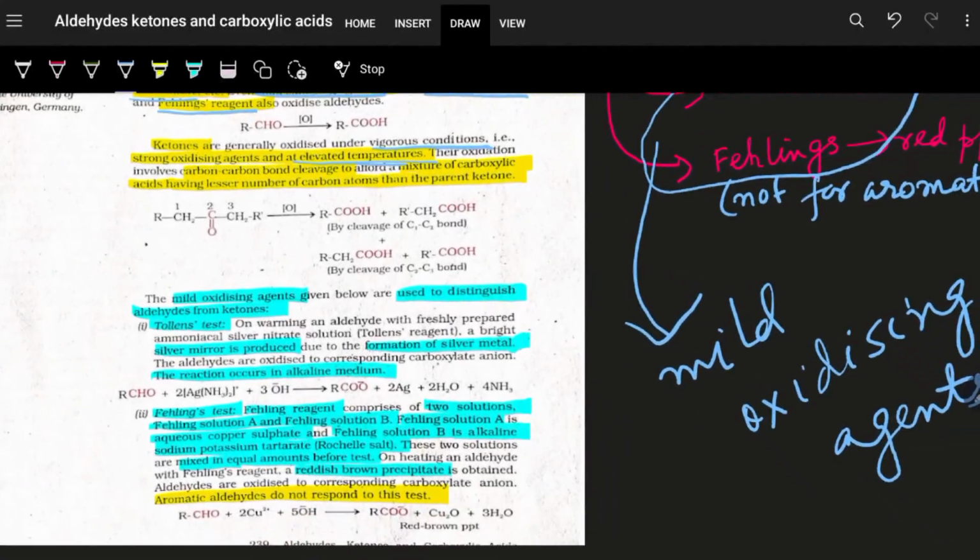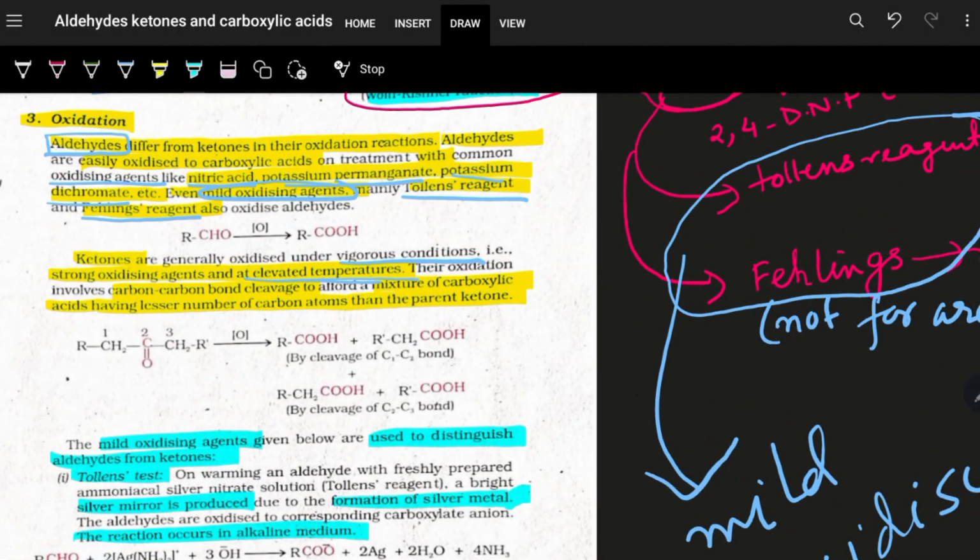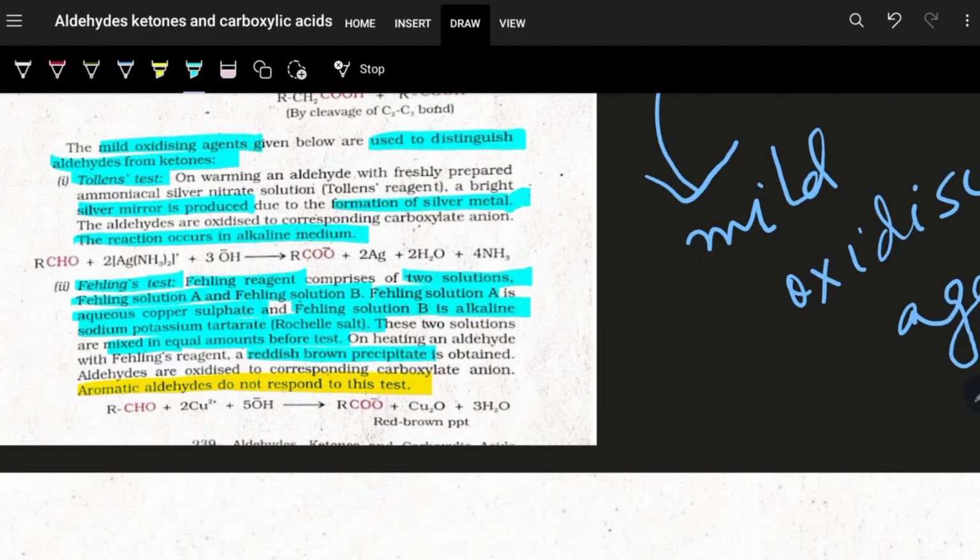So let us see. This is what I have already said. Mild oxidizing agents like Tollens reagent can oxidize aldehyde. But oxidize to what? Oxidizes it to carboxylic acid, obviously. So CHO gets oxidized to carboxylic acid. This is an example of ketone; I am coming to it later on.